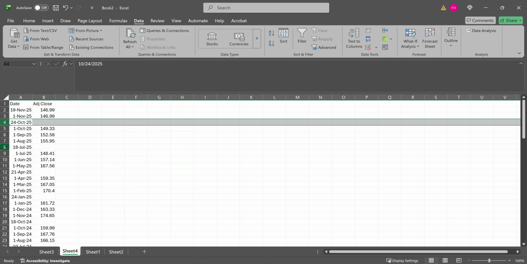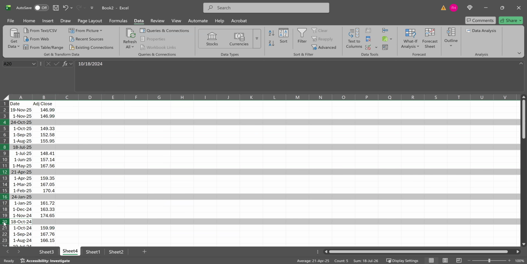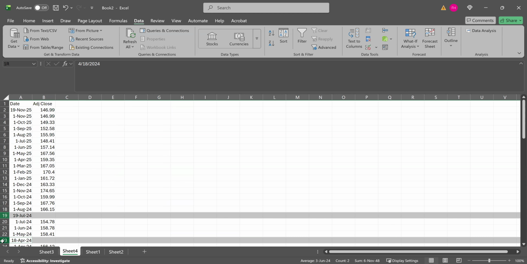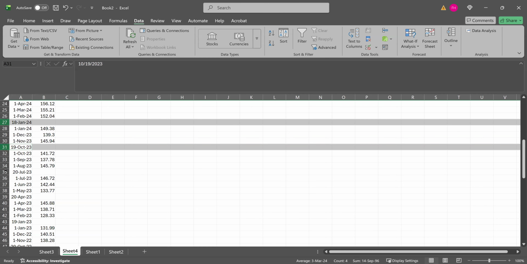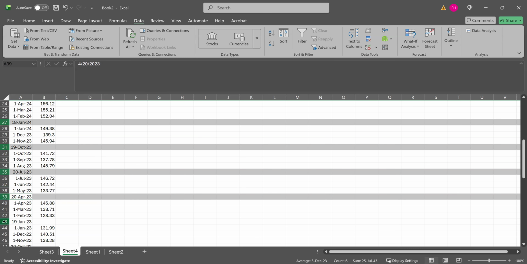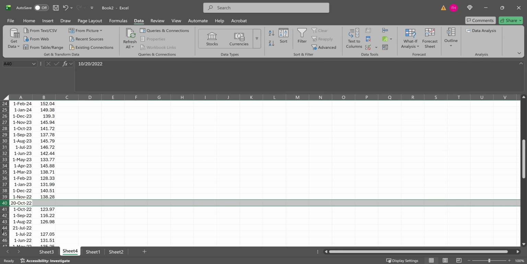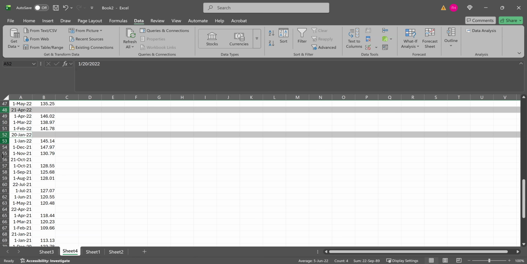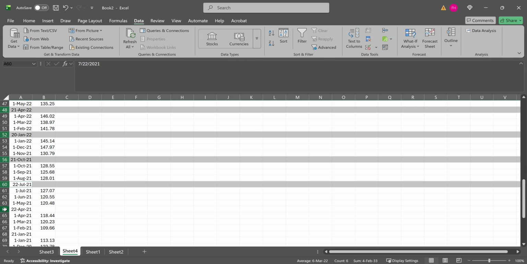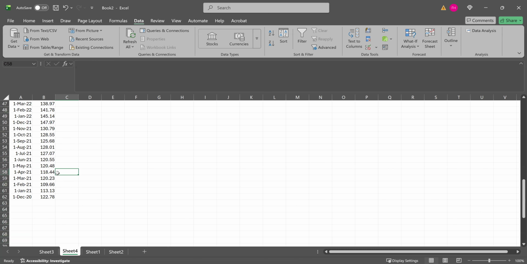I need to remove those also, because Procter and Gamble pays a quarterly dividend, so I need to remove around 20 observations. So we're done with removing those cells.